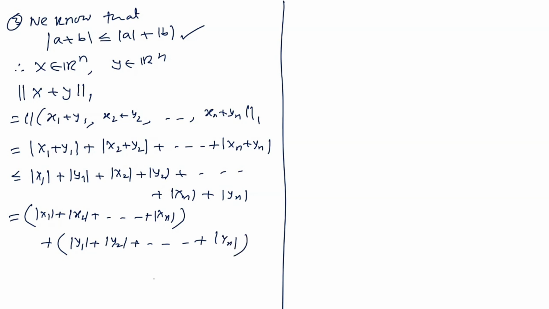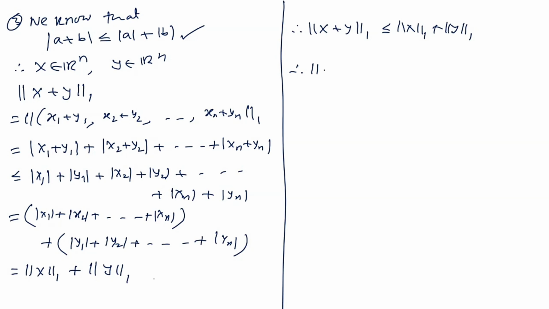So this is given as the norm 1 of x plus the norm 1 of y. So this proves the third property of the norm. Therefore, finally we can conclude that norm 1 is a norm on Rn.